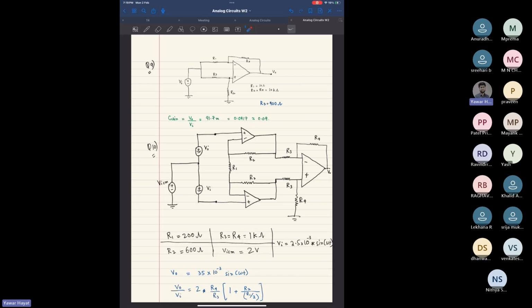Any other question? Please make sure to attempt this 10th question. I already gave you the expression V output by input. I need a detailed analysis on how you arrive at this V output by input. Is that clear?